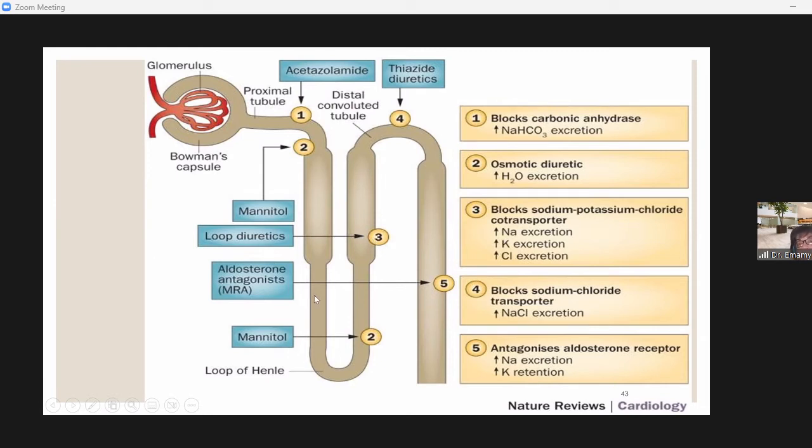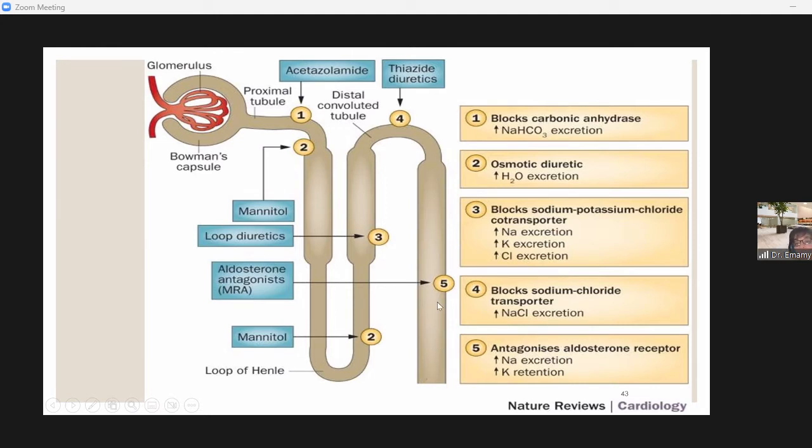Then we have the thiazides like hydrochlorothiazide. They affect the distal convoluted tubule mostly. And we have potassium-sparing diuretics, like, for example, spironolactone. They affect the collecting duct. So three very important groups of diuretics would be loop diuretics, like furosemide, thiazides, and potassium-sparing diuretics, like spironolactone.